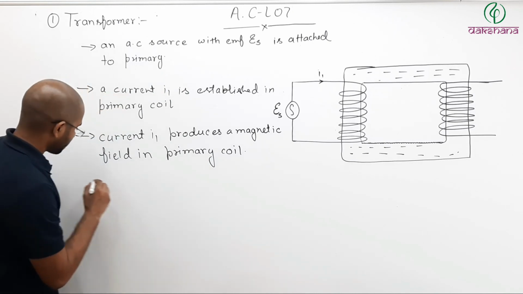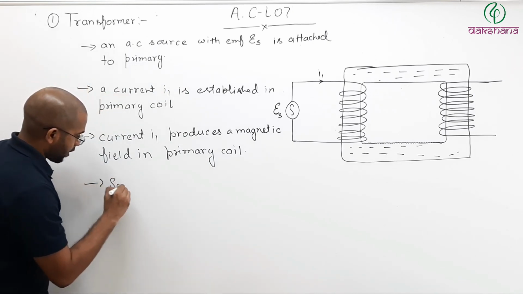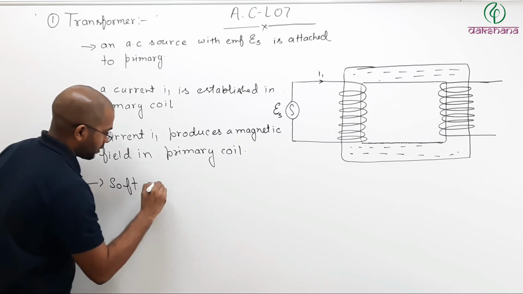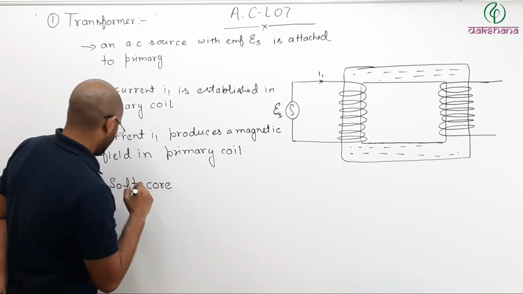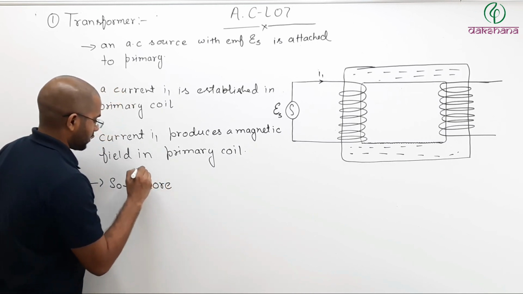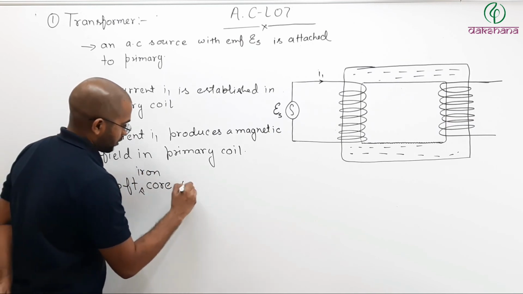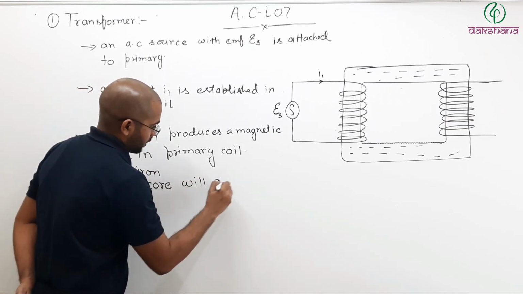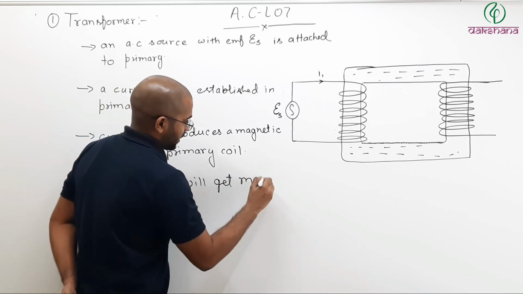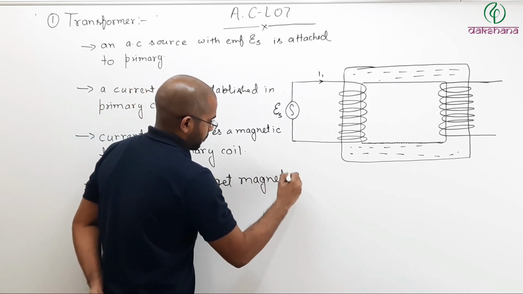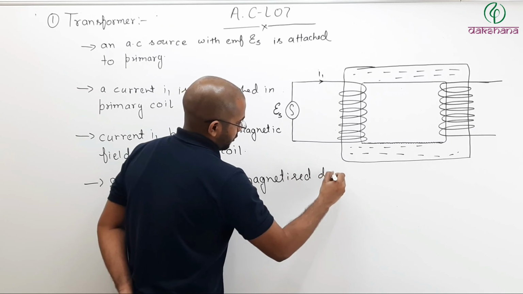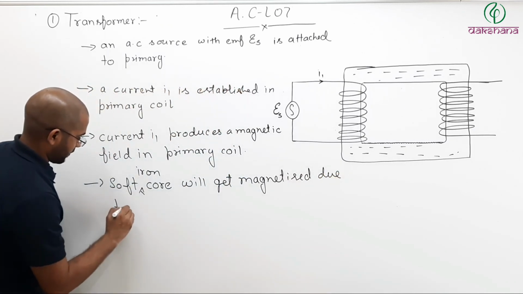So what you can say? Soft iron core will get magnetized due to this field.